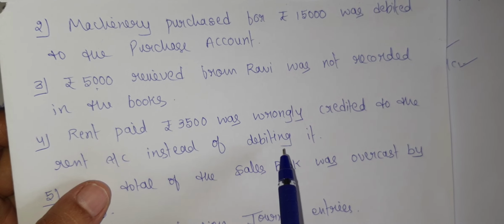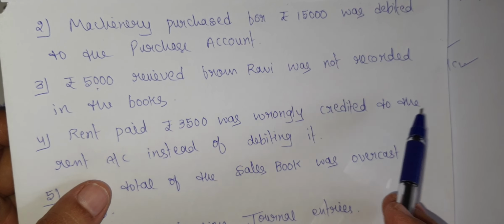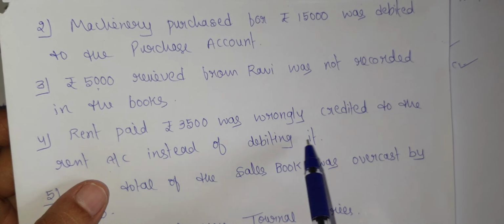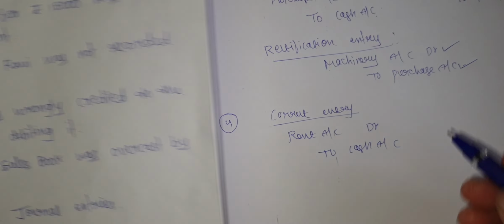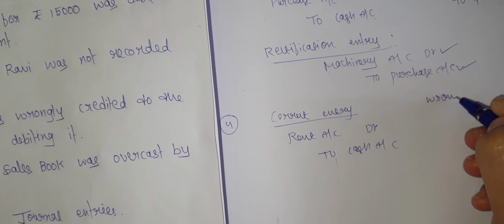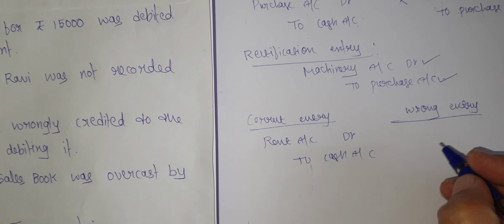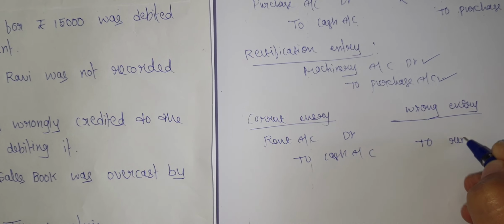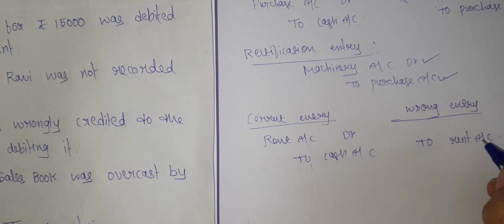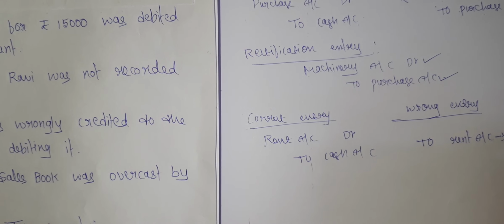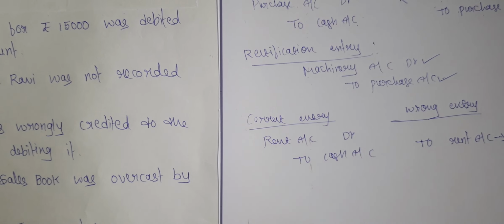They credited the rent account instead of debiting it. Here the wrong entry is: to rent account, meaning they credited the rent account.